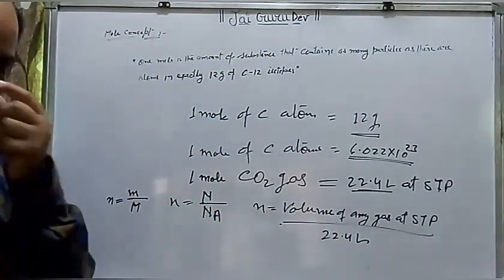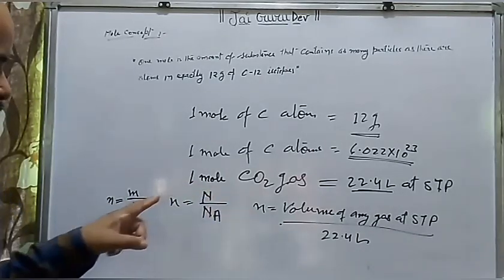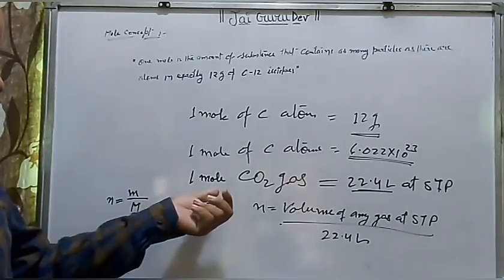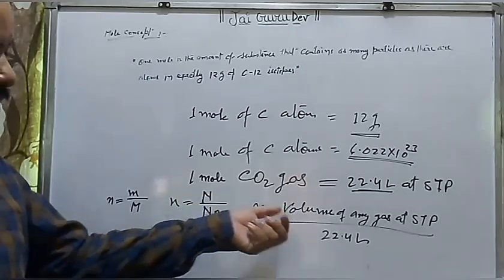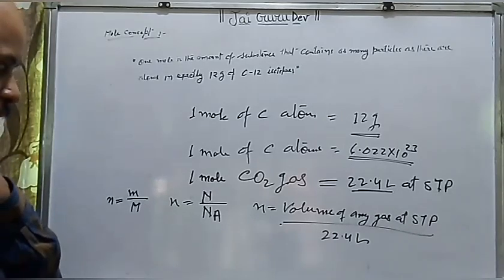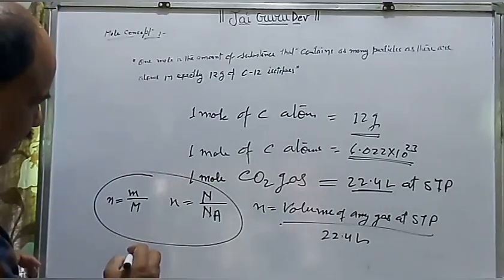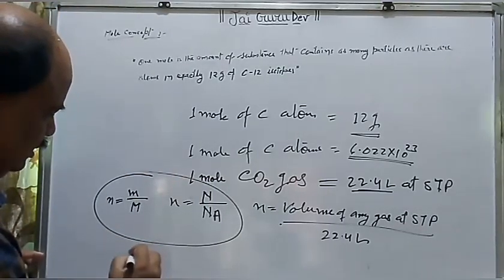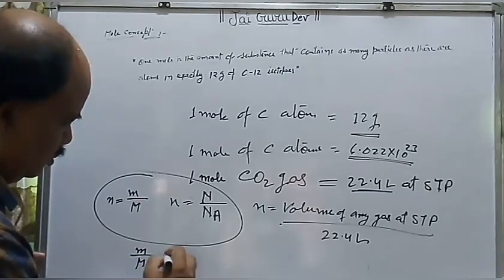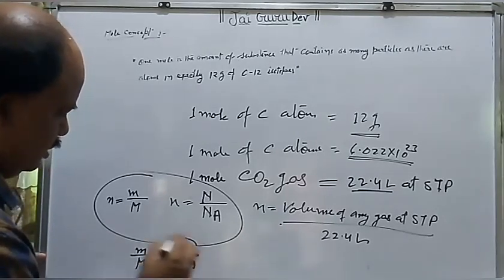These are three formulas. By these formulas we can calculate the number of moles if the given mass is known, if the number of particles is known, or the volume of any gas at STP is known. By these we can represent given mass upon molar mass equals given number of particles upon Avogadro's number.